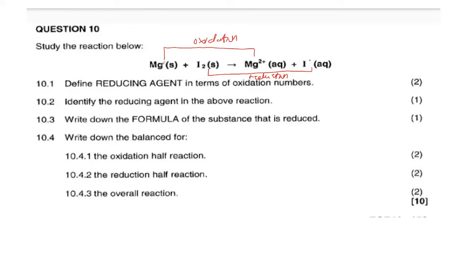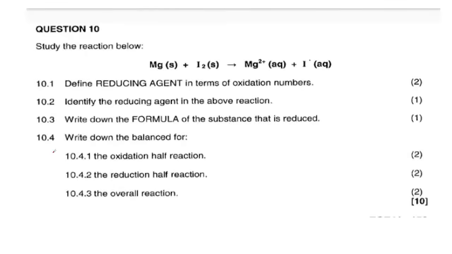Once you have done this, you simply say this is the reducing agent because it's undergoing oxidation, and this is the oxidizing agent because it's undergoing reduction. Now, what are they looking for? Identify the reducing agent in the above reaction. It is definitely magnesium, Mg.